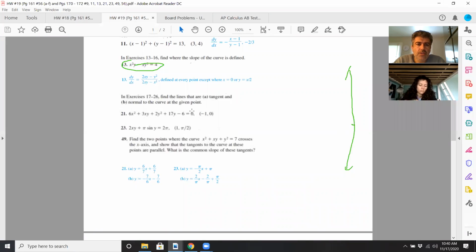Okay, so I need to take the derivative. So that's going to be, you might want to do this, x squared y prime and xy squared prime.